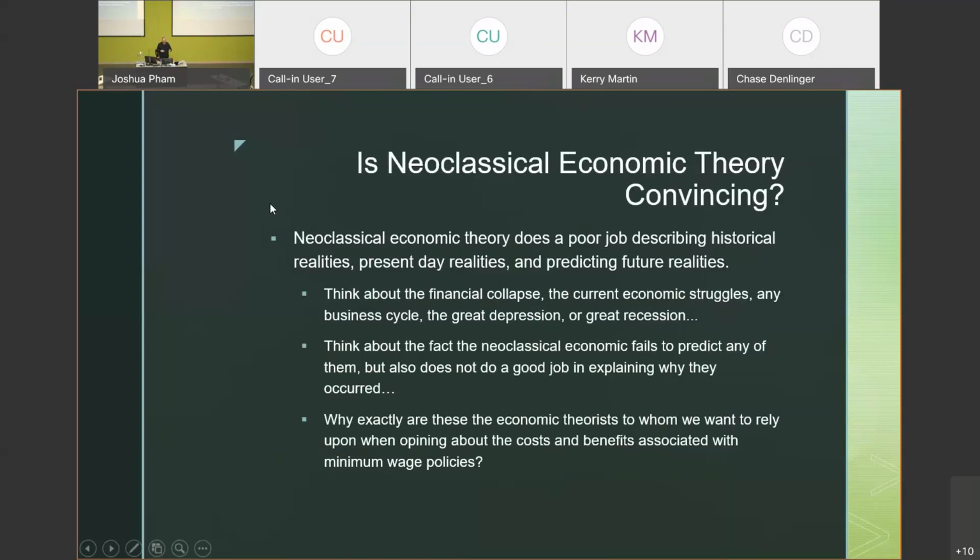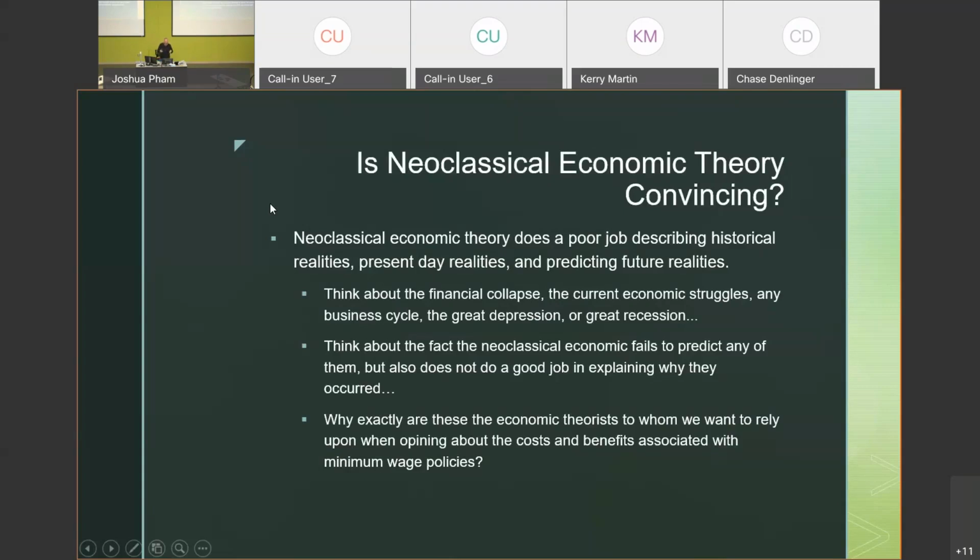So is neoclassical economic theory convincing? Maybe. As an undergraduate, or some of us as graduate students in the master's program, you might have taken a couple minutes to think about this question in general. But if not, perhaps now is a good time, right? You may have heard the criticisms that these economic theories do a poor job describing historical realities.